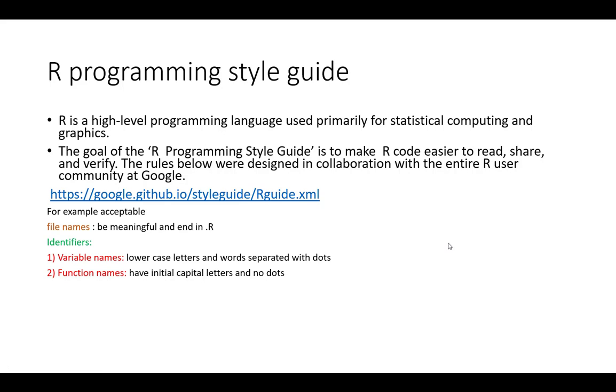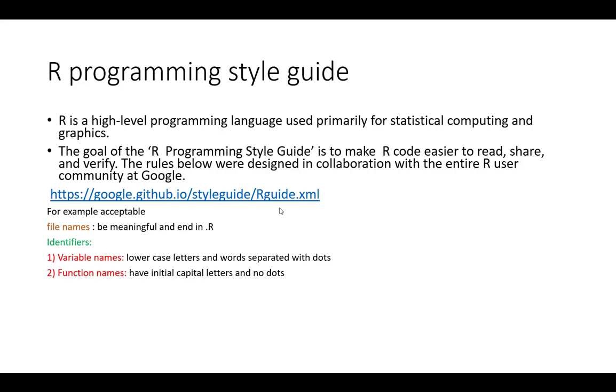Now, R is a high-level programming language used primarily for statistical computing and graphics. The goal of the R programming style guide is to make R code easier to read, share, and verify. And in this link, you can have a look at the rules for the R programming style.